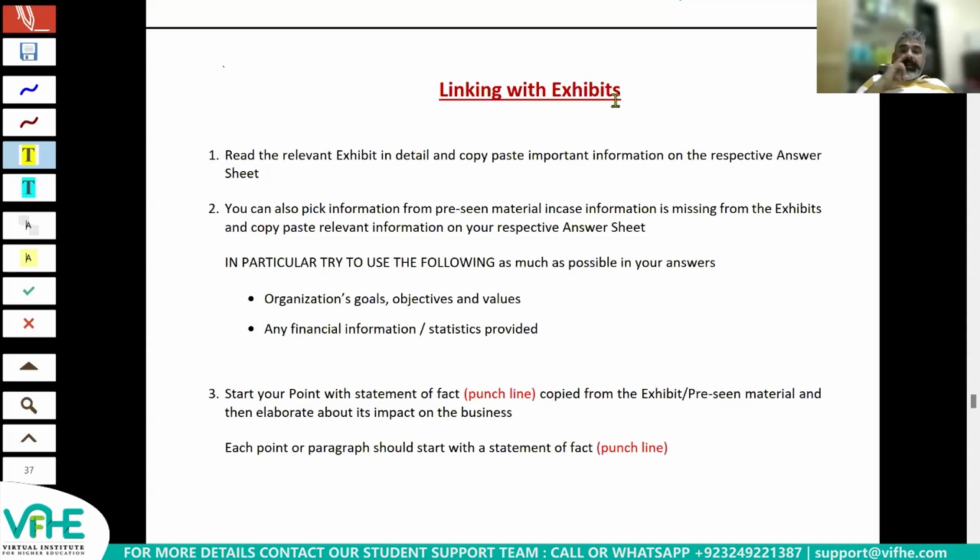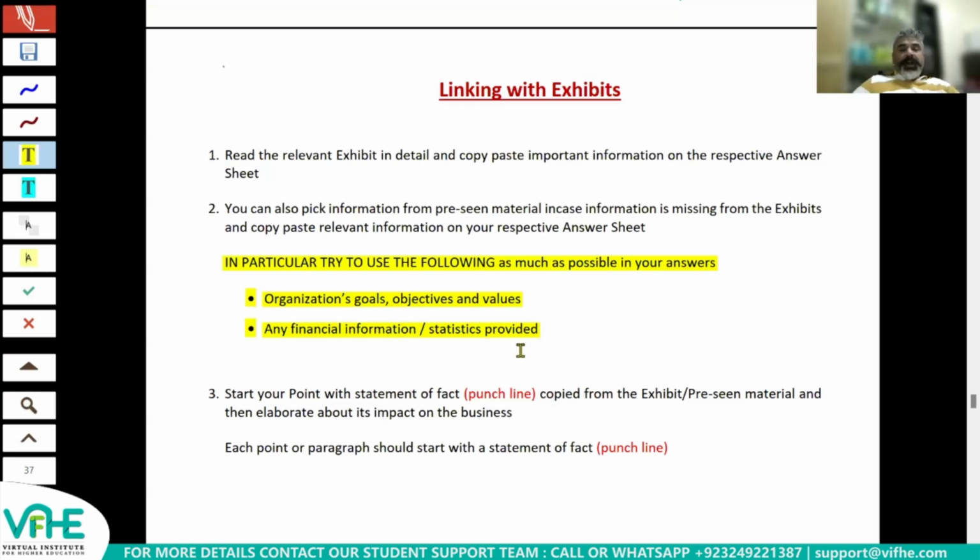All right. Now, from the pre-seen, this one is very important. In all the pre-seens I have seen to date, the organization's goals, objectives, and values are always given. That these are the goals and objectives and values of the organization. Also, financial information and statistics are given.